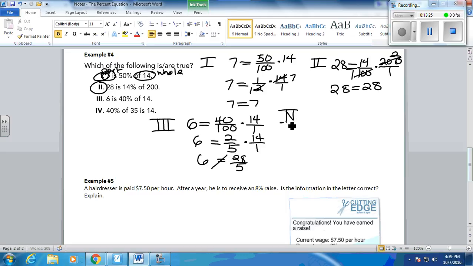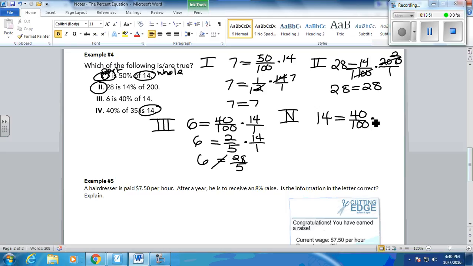And then for number 4, if you were to go too quickly, you might start putting these numbers in the wrong place. 40% of 35 is 14. They've switched the order on us. So 14, that is your part. So that will actually come first in our equation. Then the part is equal to the percent, so 40 hundredths, times the whole.